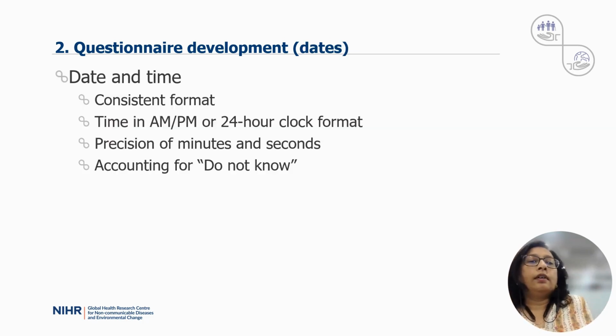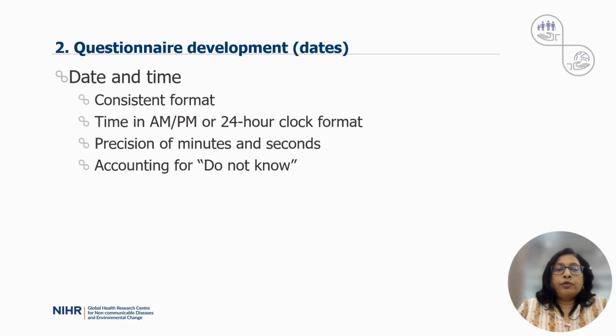So the next type of response we might get is a date. This seems straightforward, but most of the time it is the most troublesome one when we analyze the data. So use a consistent format: date, month and year. You have to be clear, do you want the time? If you want the time, which format are you going to use, 24-hour format or an AM PM format?